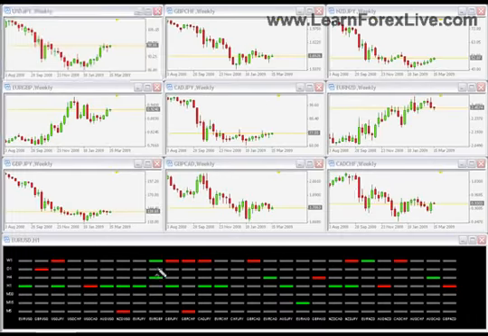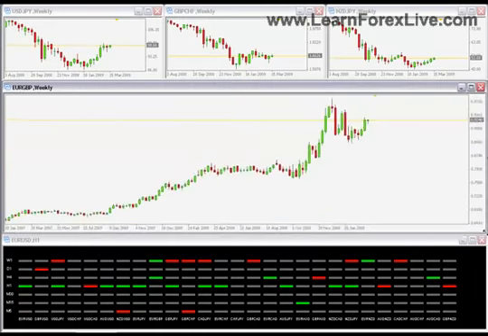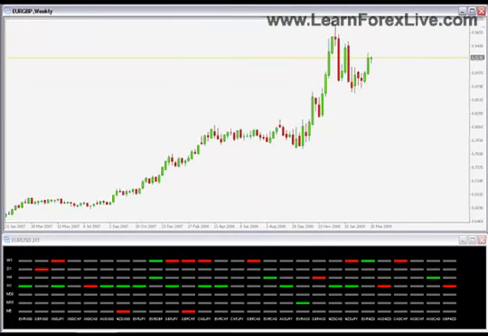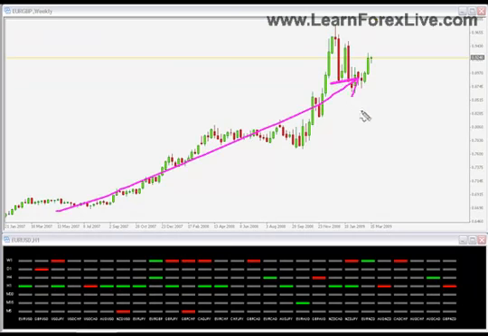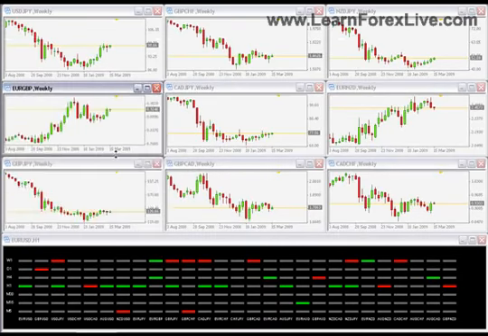Next one up, for example, the euro against the sterling pound on the weekly time frame. It's up here, and it's showing an uptrend. Let's see if that's actually true. Well, yeah, I would say this is a rather clear uptrend. Again, we would be searching for long opportunities only on this currency pair and on this time frame.